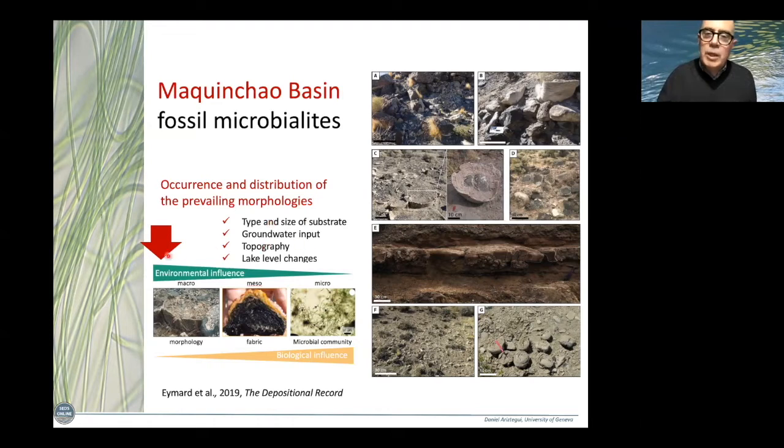So in a way, you see that all these things correspond to what we would call the environmental influence. These different environmental aspects were sort of ruling the fact that we would have this kind of big microbialites, or this sort of extended one, or the little one that you can see here.